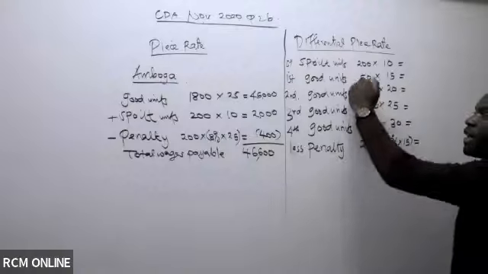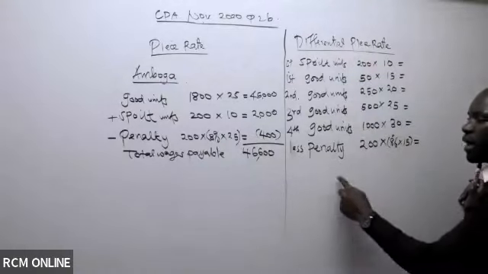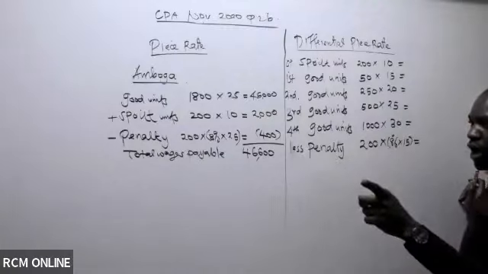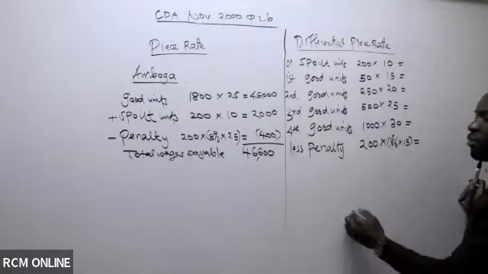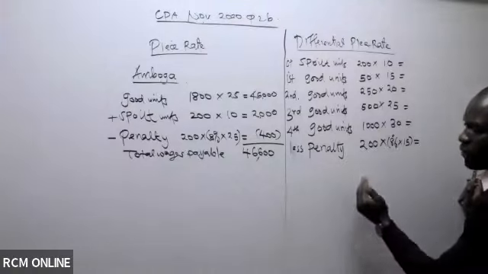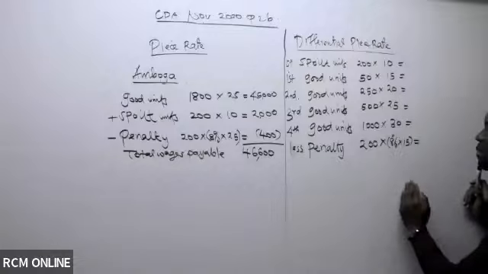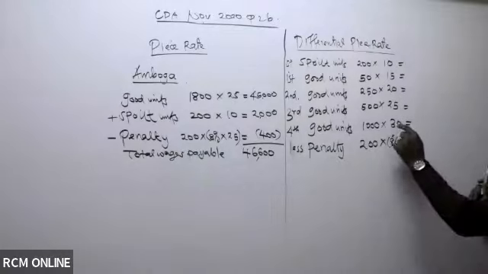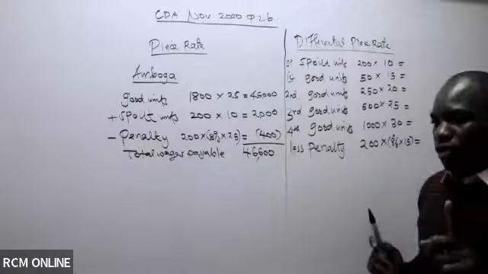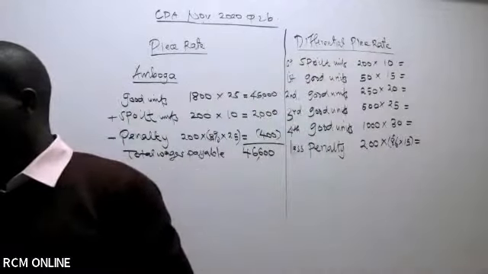Then anything above that will be paid 30 shillings. So if you take 30 multiplied by 2,000, it will be wrong. Why? Because inside this 2,000, we must divide these goods into batches. The first batch of 250, the next batch of 250, the next batch of 500, and anything above that range will be now paid at 30 shillings. Is your question taken care of, Janet?